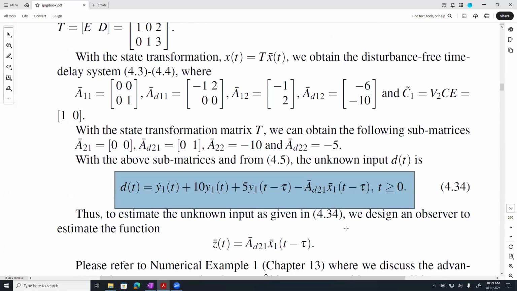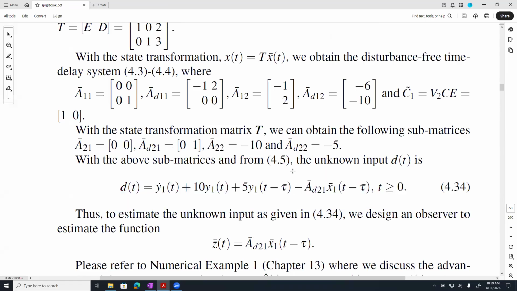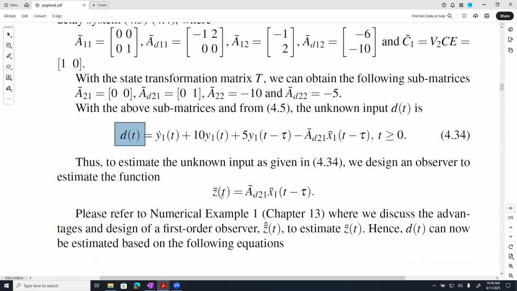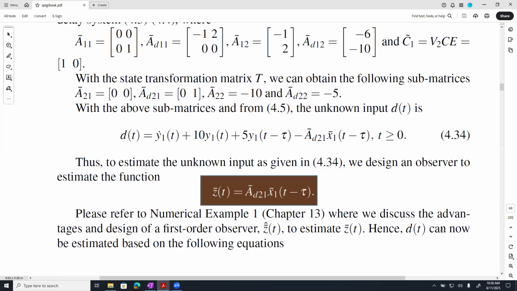Now, when we look at this unknown input, there is a need for us to estimate this delay functional directly. Remember that if we can estimate it directly, then this unknown input can be estimated. So we want to estimate this delay variable directly.